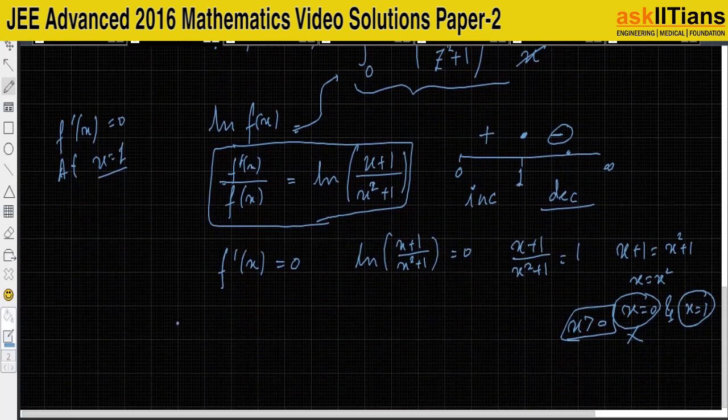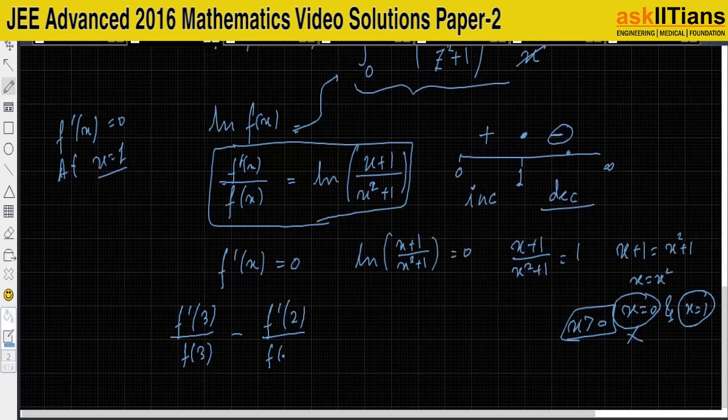Okay, what we have to check is, put x equal to 3, I'll get the value of f'(3) by f(3) minus, I have to find out the value of this quantity, right? So this will come out to be ln of, if I put x equal to 3, I'll get 4 by 9 plus 1, that is 10, minus ln of, here I'll get 2 plus 1, 3 by 4 plus 1, 5.